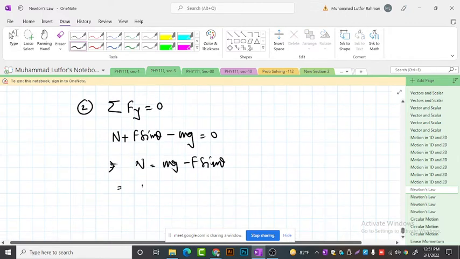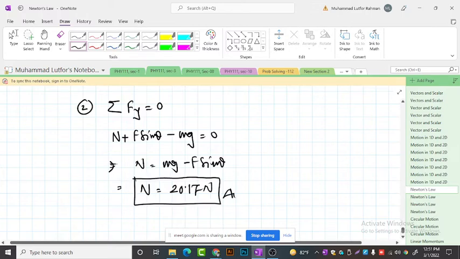In that case, if you plug in the values, m is 3 kg and F is 15 newton, then you can find the normal force is going to be 20.17 newton, which is basically the apparent weight of this block again, because it is less than your actual weight, which was mg. I have to subtract F sine theta from its actual weight. It should be lower than its actual weight.